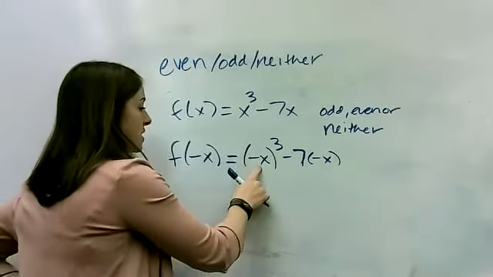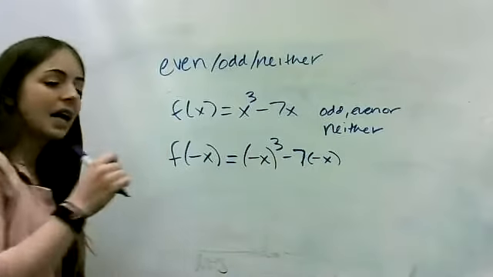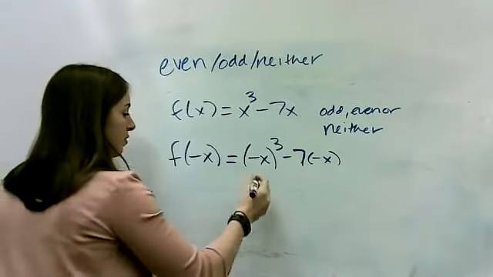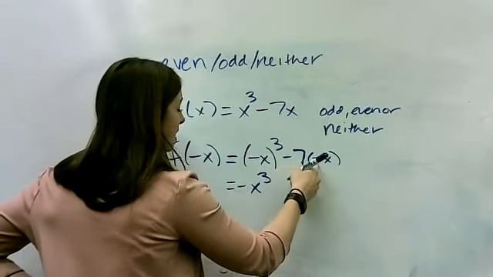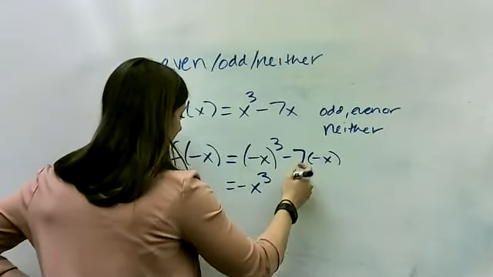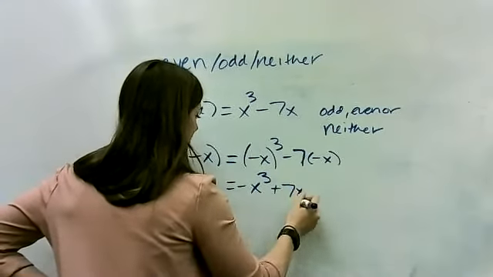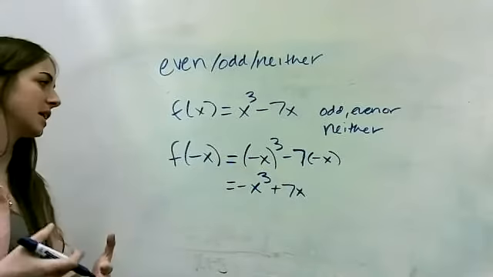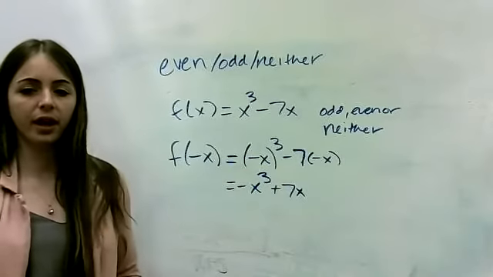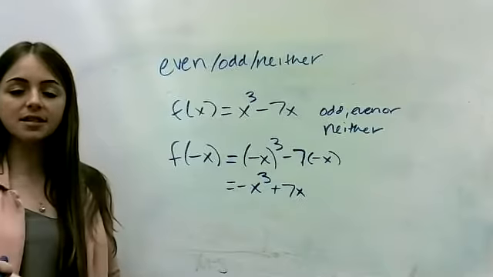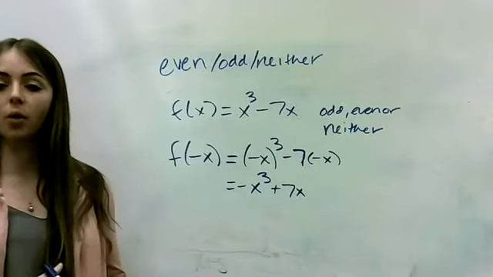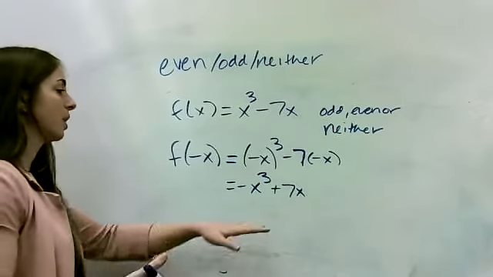Anything that's negative to an odd exponent remains negative, so this will still be a negative x cubed. Negative 7 times negative x is a positive 7x. At the end of this whole thing, I want to see, did I end up with my original equation? If yes, then it was even. If no, then we have to test for odd.